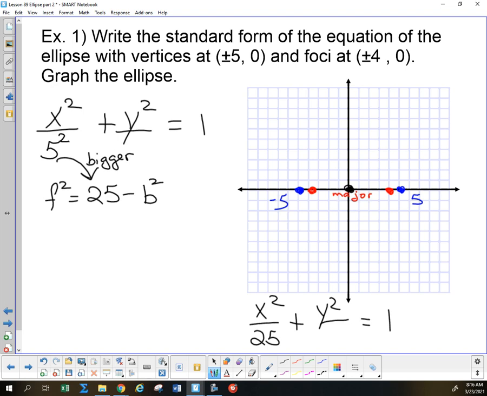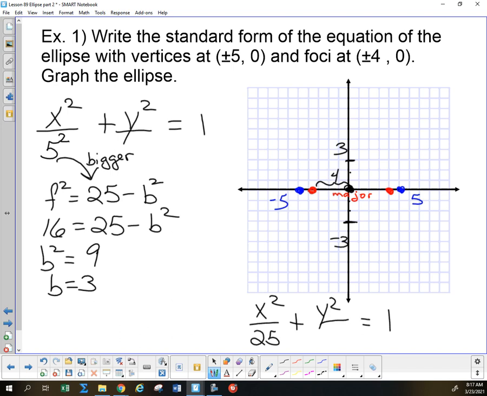I know that the distance from the center to each focus has to be 4. So I can say 4 squared, 16, is 25 minus my b squared. So b squared is 25 minus 16, giving me 9. So b is 3. So that means 1, 2, 3 up, and 1, 2, 3 down, negative 3, from the center.